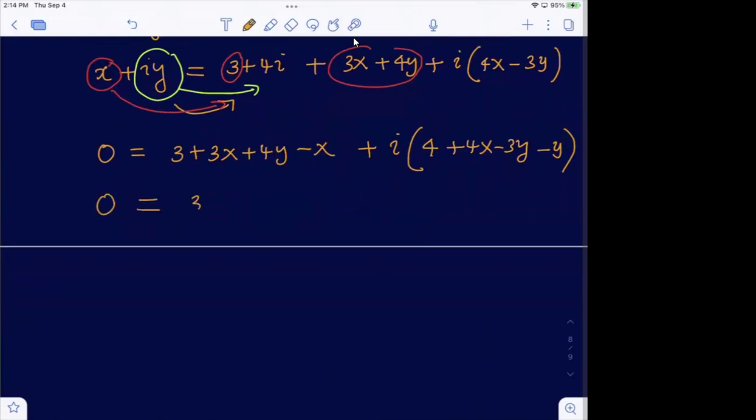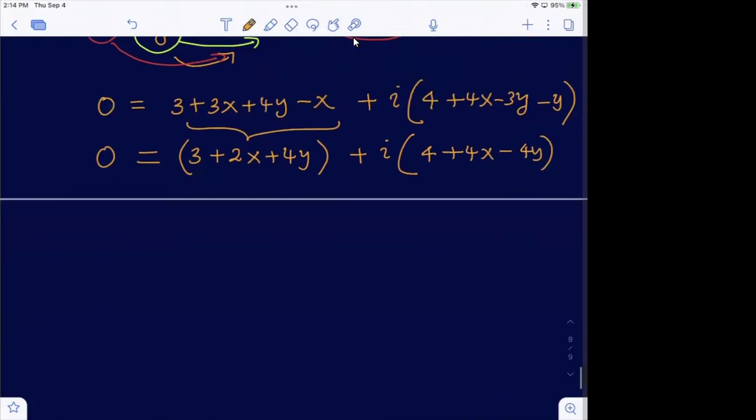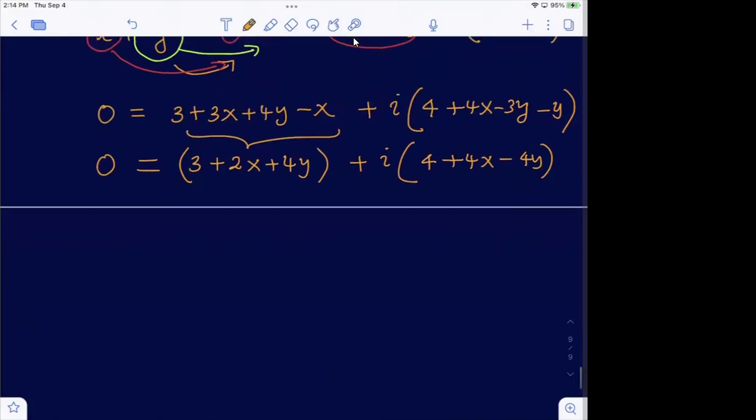The first one is 3 plus 2x plus 4y. The real part is this. The imaginary part is 4 plus 4x minus 4y.